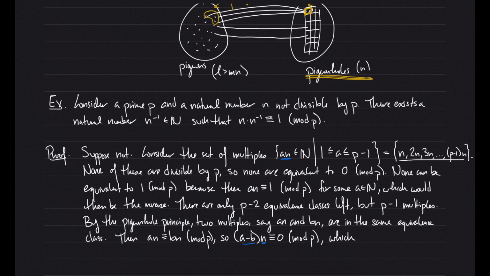And since a and b are between 1 and p minus 1, a minus b also can't be divisible by p unless it's actually 0. So the fact that this is equivalent to 0 means that this whole thing must be divisible by p, which can only happen if a minus b is 0, or in other words, a equals b.